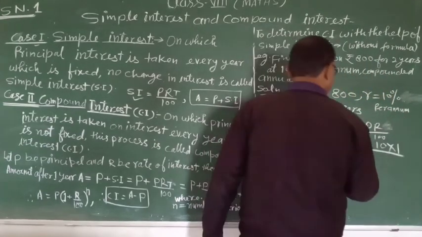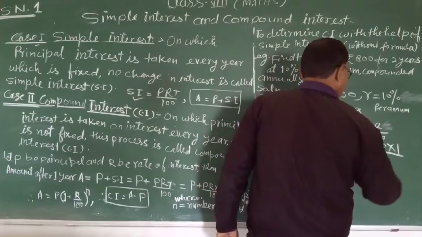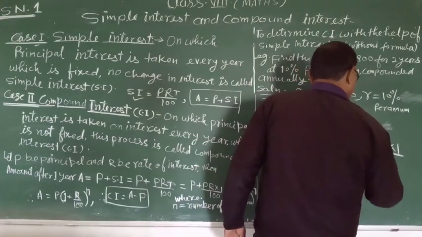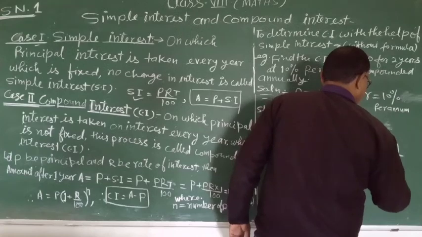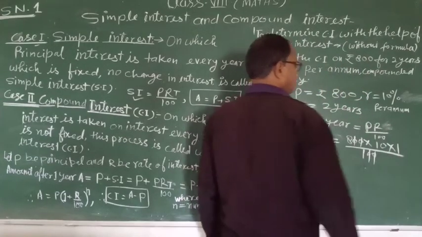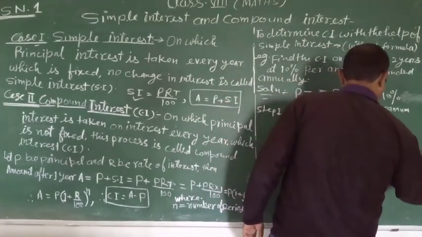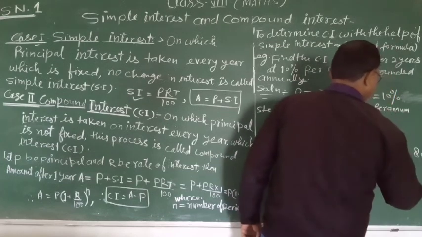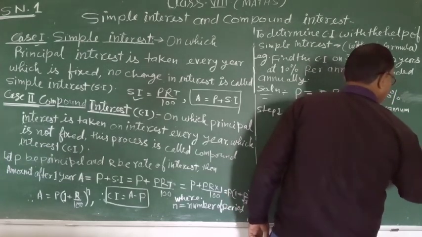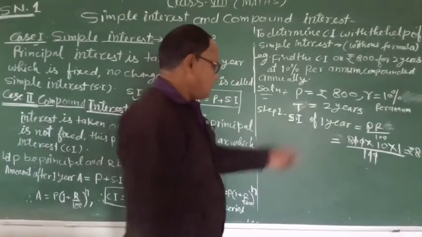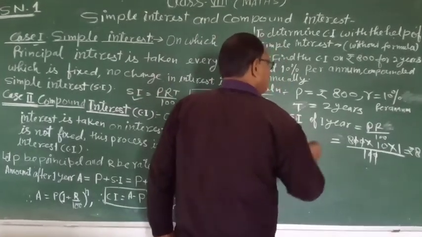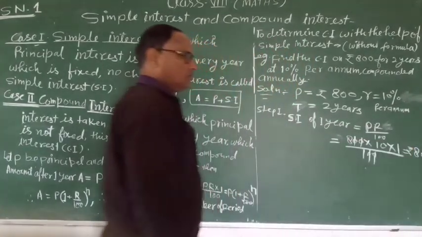Okay. By 100. This cancel this. Okay. And we get here 8 into 10, 80. SI of 1 year is equal to 80 rupees.